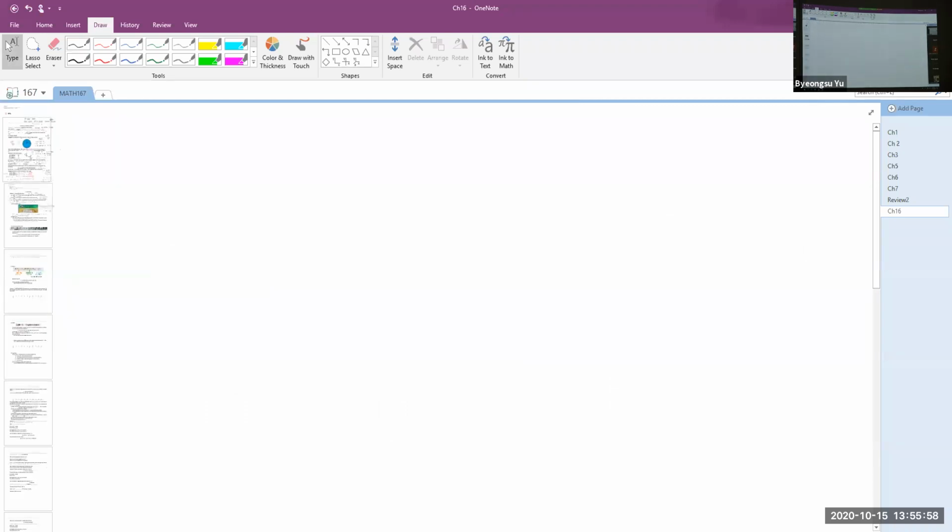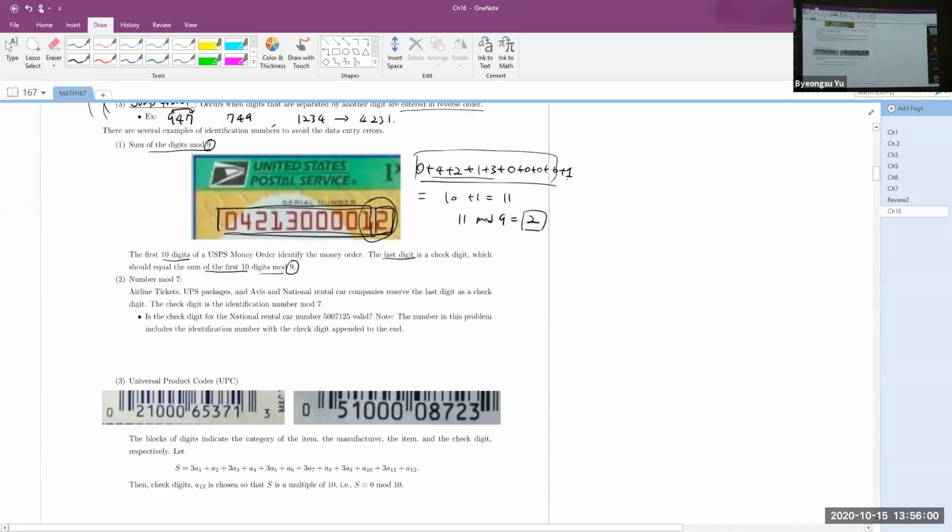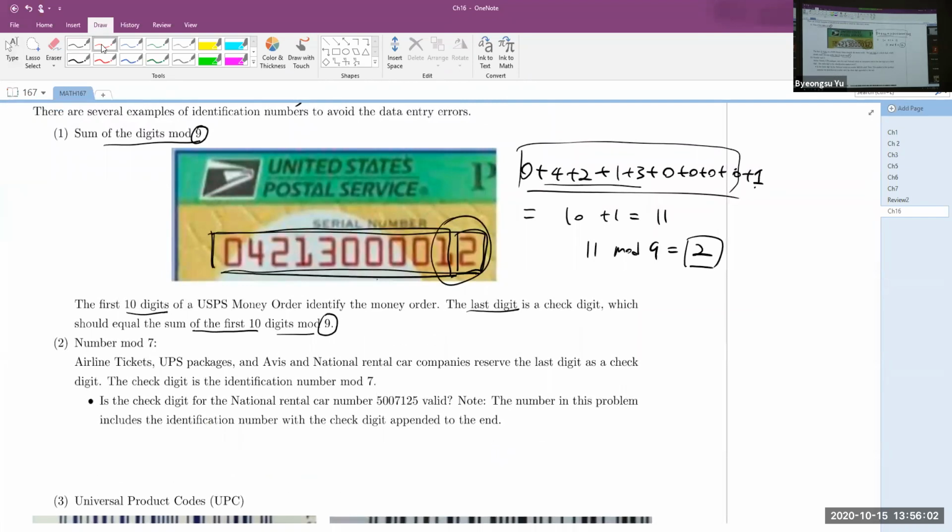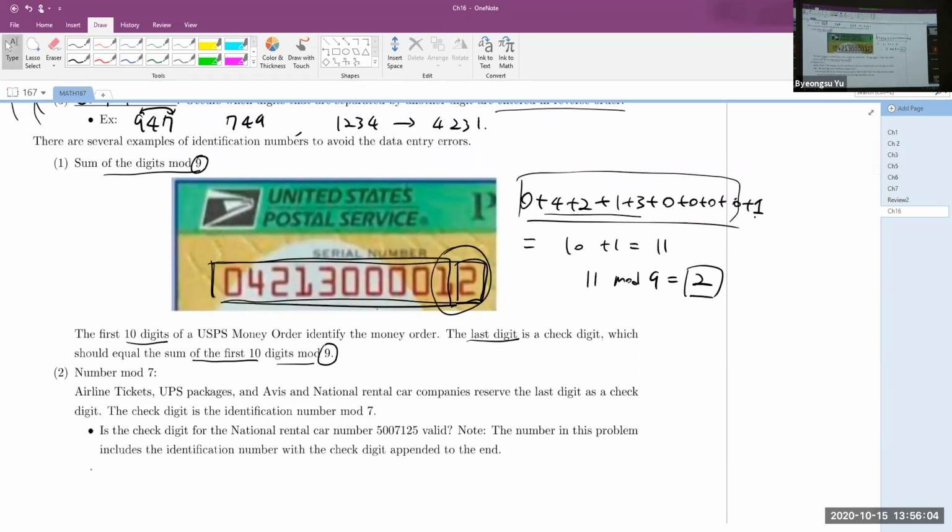For example, maybe the computer accidentally reads 4 as 5, a wrong number. Then it gives us 5 plus 2 plus 1 plus 3 plus 1, which is 12. And 12 mod 9 is 3, but 3 is definitely not the same as 2. So it can capture single digit errors, right?